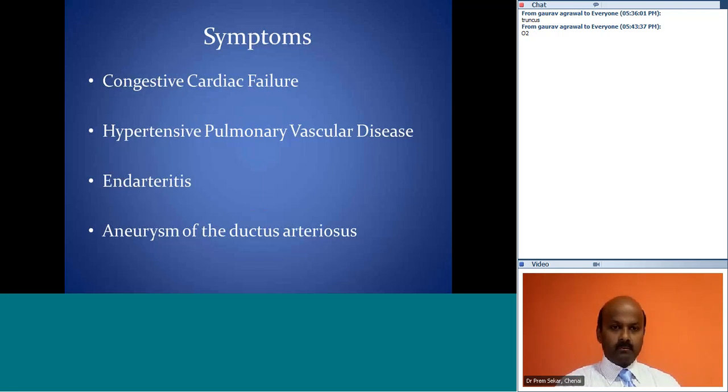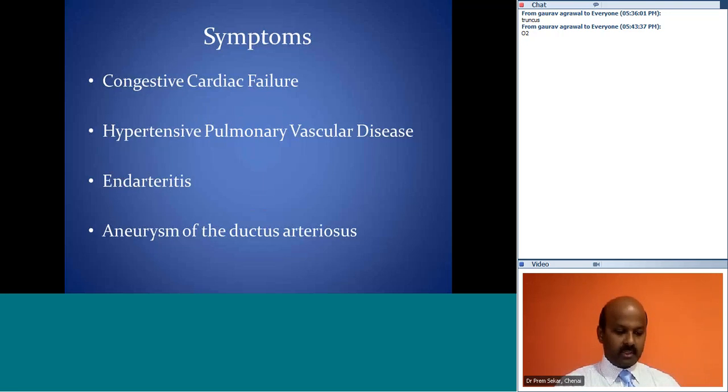Also, neuroendocrine adaptations increase the heart rate and contractility, and the diastolic runoff decreases the diastolic pressure, with the result that a combination of decreased diastolic pressure, increased wall tension, increased oxygen demand, all these factors cause endocardial ischemia and fibrosis with poor LV function and congestive cardiac failure.